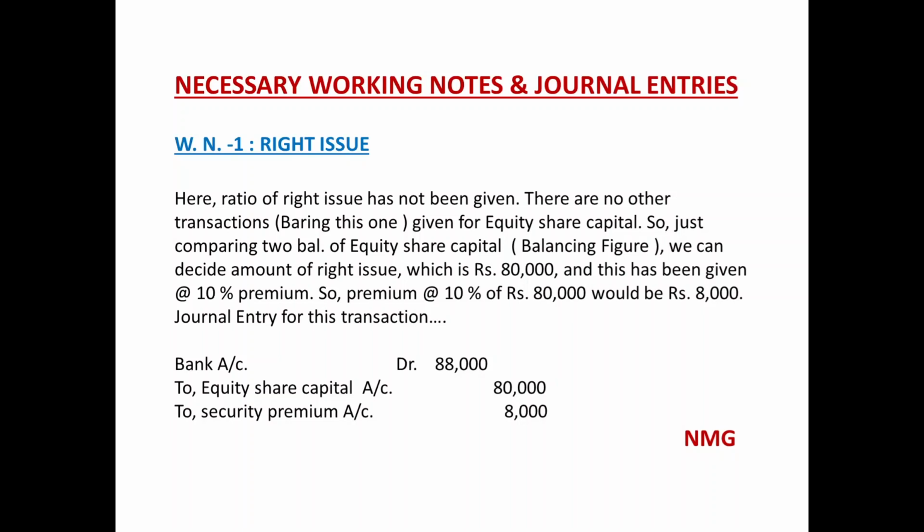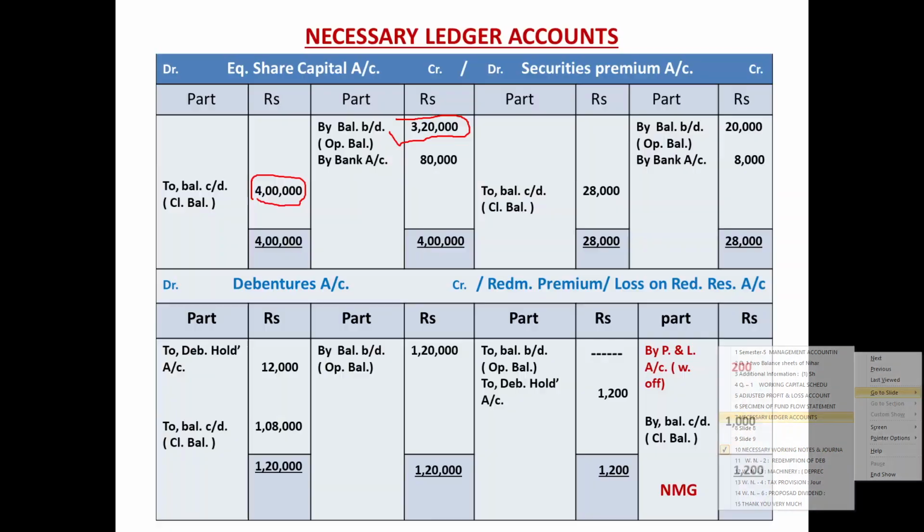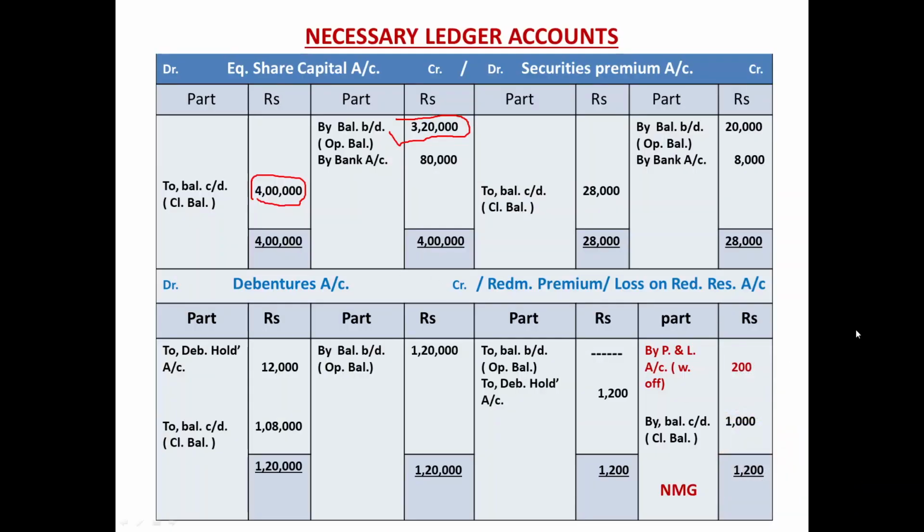Journal entry for this transaction: Bank account debited 88,000, to equity share capital account credited 80,000, to securities premium account credited 8,000. Let us give the posting impact of this journal entry into the concerned ledger accounts.